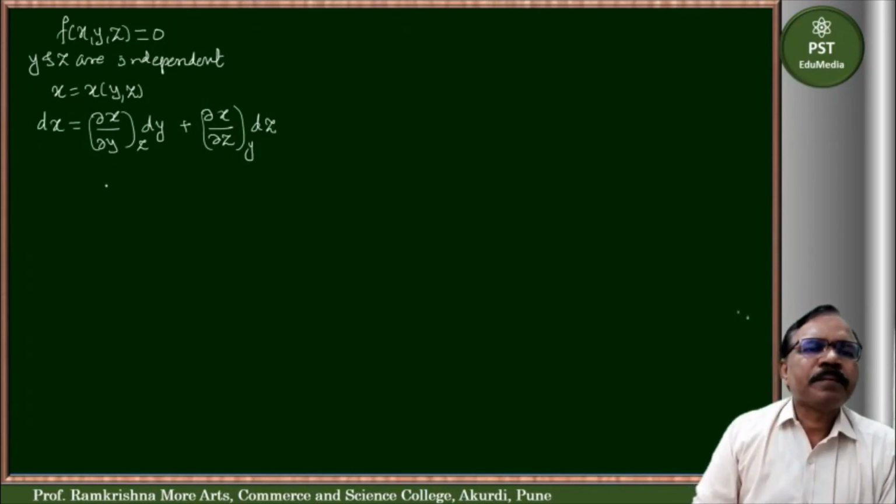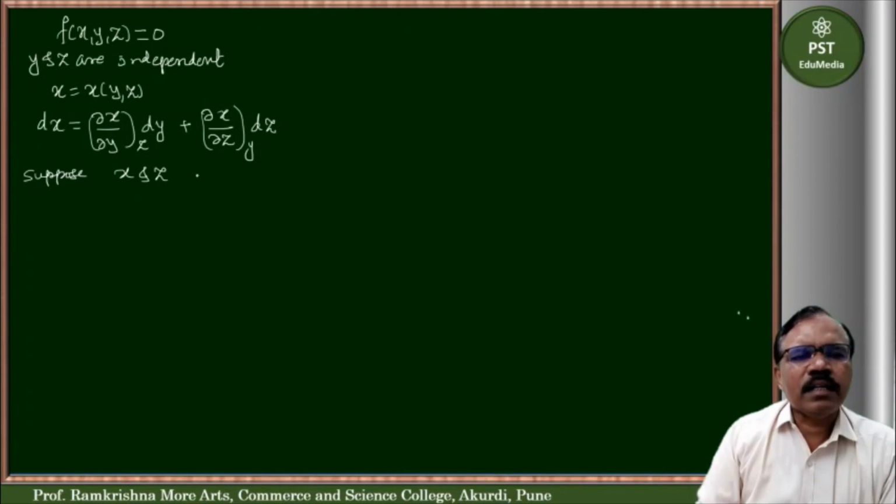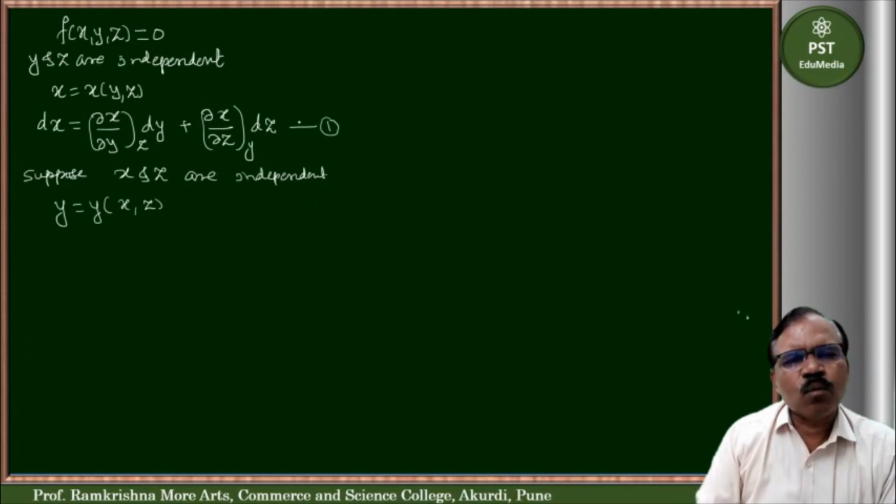Now suppose x and z are independent, then we can write y as a function of x and z. Let us call this equation number 1.